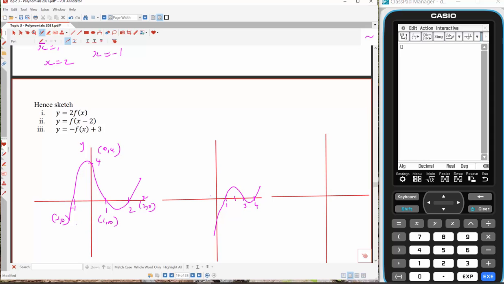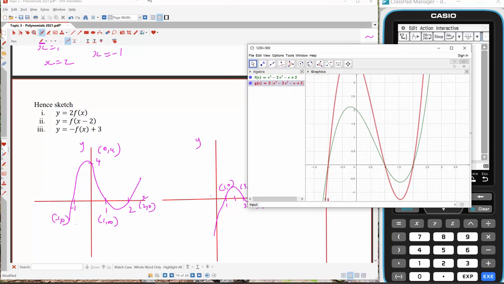Alright, so there it is there. X, Y, 1, 0, 3, 0, and 4, 0. To get the y-intercept, we'd have to actually bang x take 2 into the function and do a solve on that. So I'm not going to do that. It's not really the point of these questions here. So let's just see if Geogebra will tell us. I don't know whether it's a clean intercept or not. What are we doing?